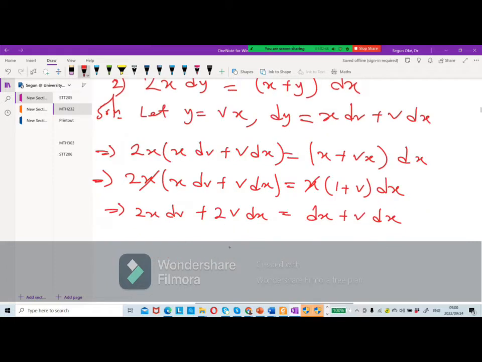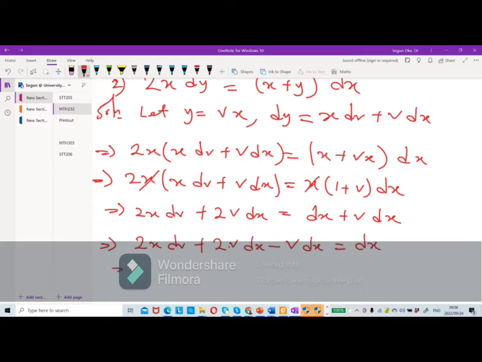So what do we do here? Anybody? We collect like terms. So you have 2x dv plus 2v dx minus v dx equals x.